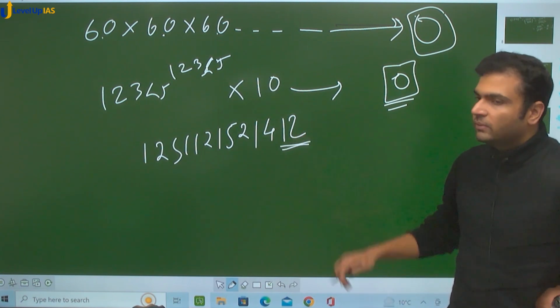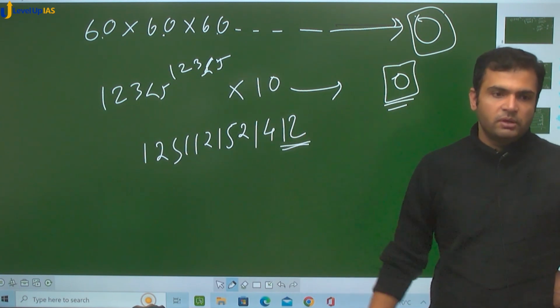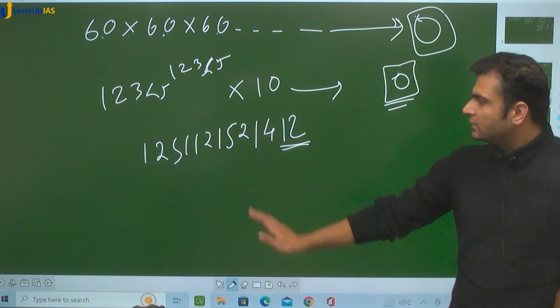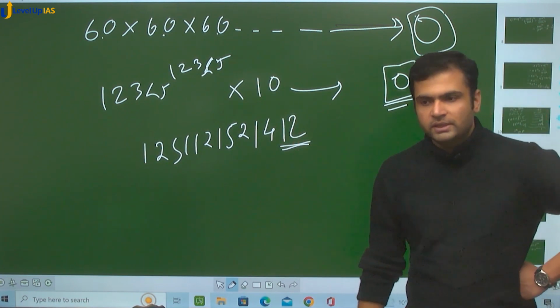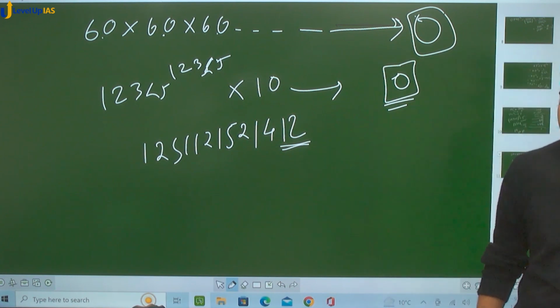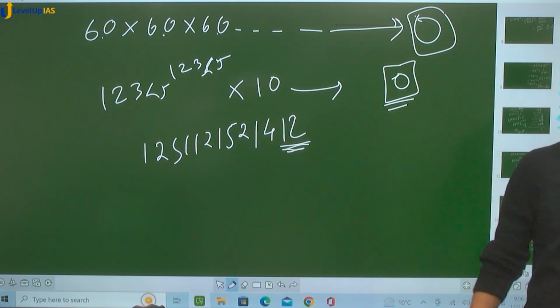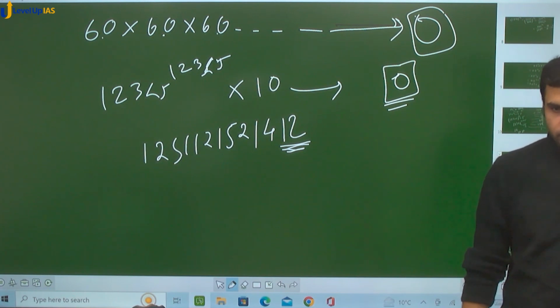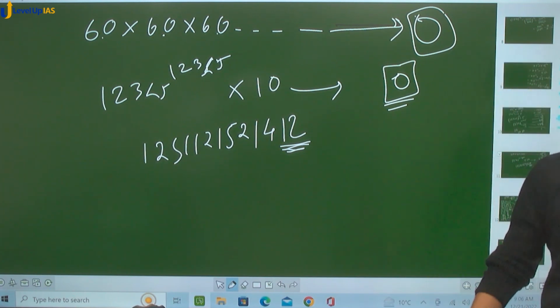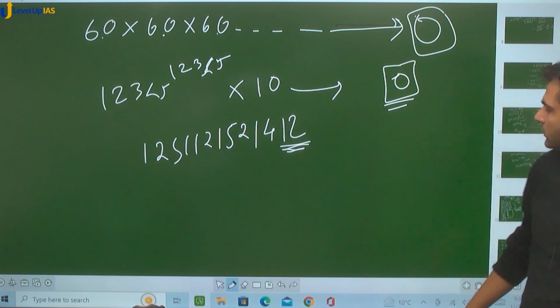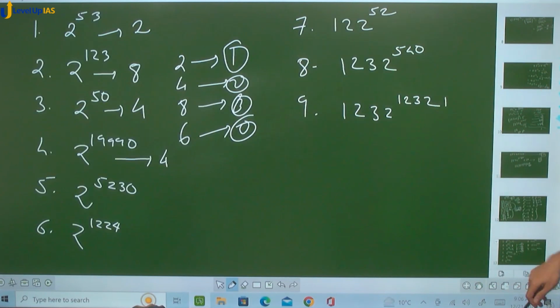If the last 2 digits are divisible by 4, then the number is divisible by 4. Only the last 2. We'll do that in the next section, I guess. Anyway, that would be helpful here.